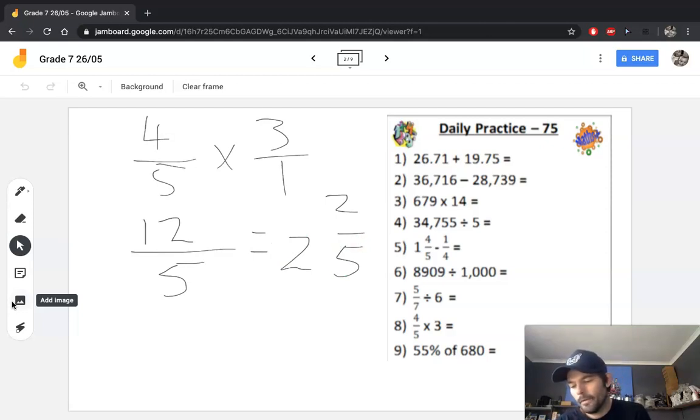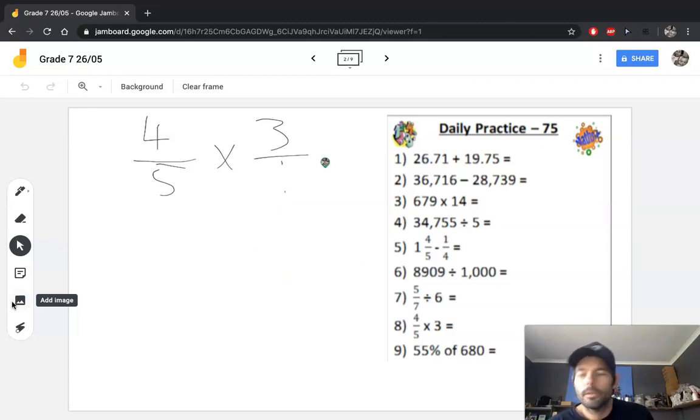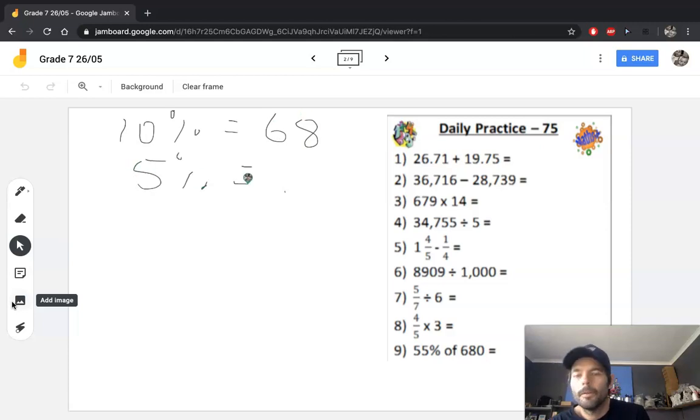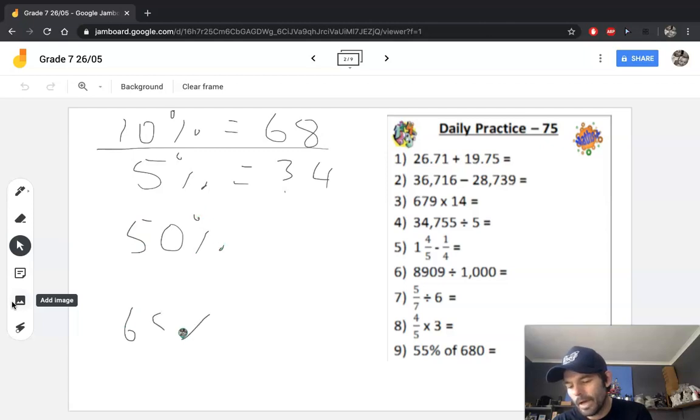Okay. And then 55% of 680. Okay, and again, we've discussed the multiple ways of doing this. You can work out 10% is going to give you 68. 5% is going to give you 34. So if we know 10%, we can work out 50% by multiplying 68 by 5.